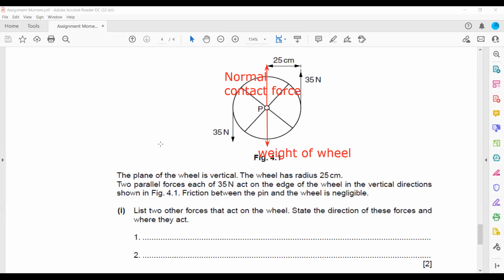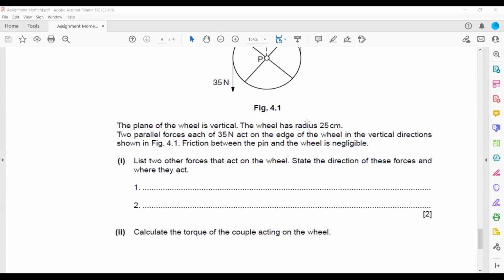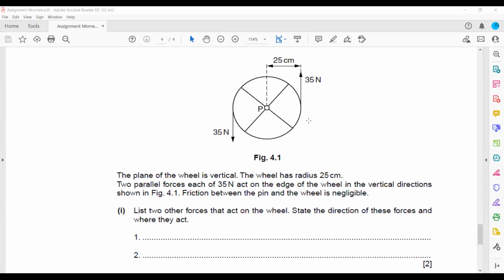The next part, calculate the torque of a couple. So how do we calculate the torque of a couple? It's a direct formula. The resultant moment when two torques are in the same direction by identical forces is known as the torque of the couple.